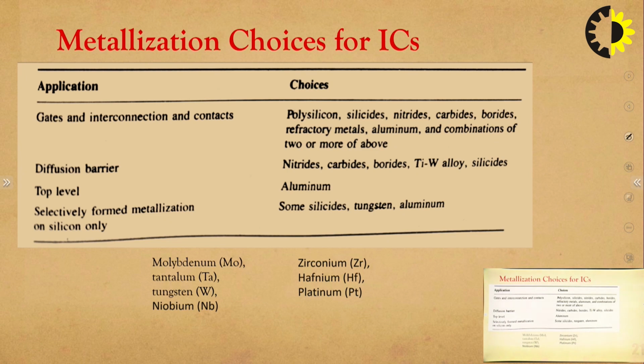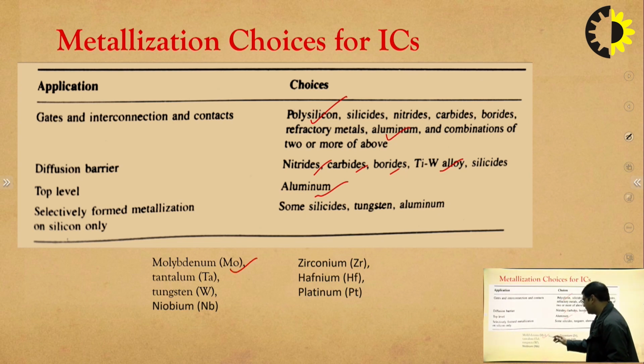Okay, some of the metals that may be used in various applications we may note here. For a top level, we may use aluminium. As a diffusion barrier, we may use nitrides, carbides, borides, titanium, tungsten alloy, silicides. For gate, interconnect and contact, we generally use polysilicon, aluminium, silicide, nitride, carbide for specific applications.